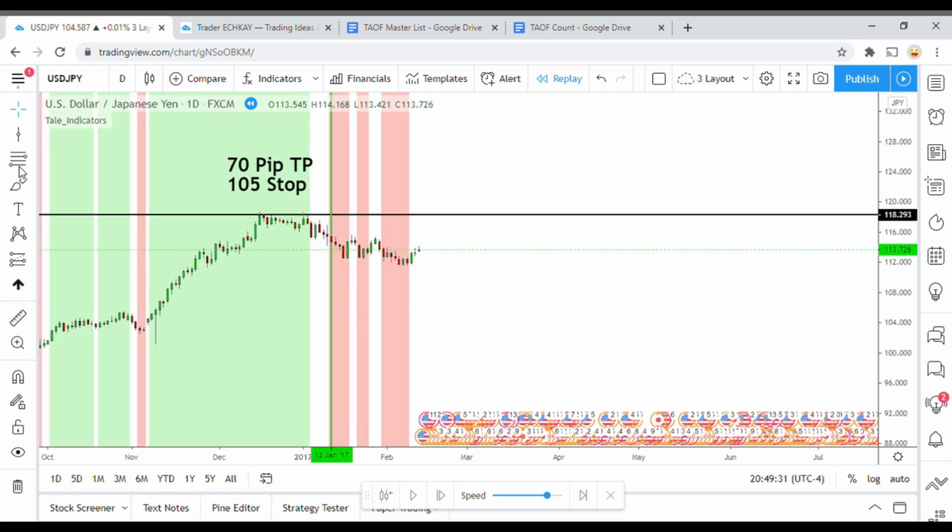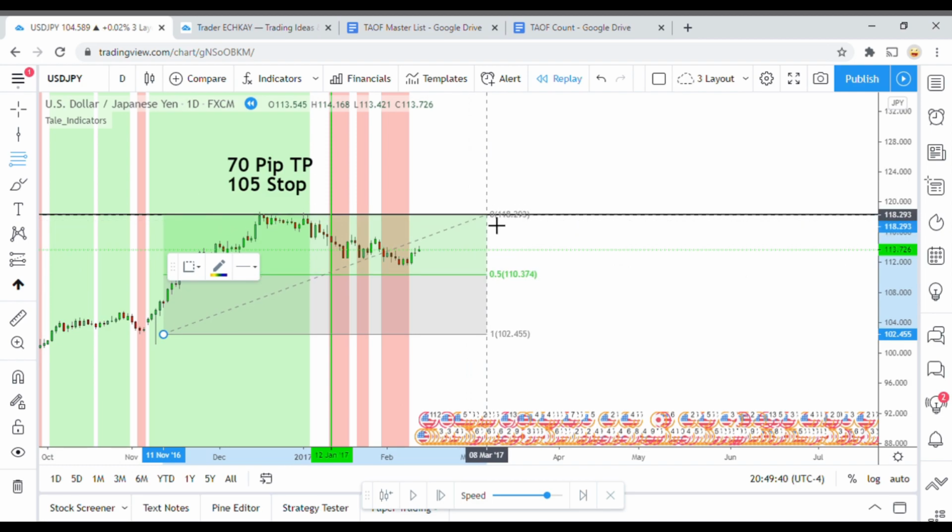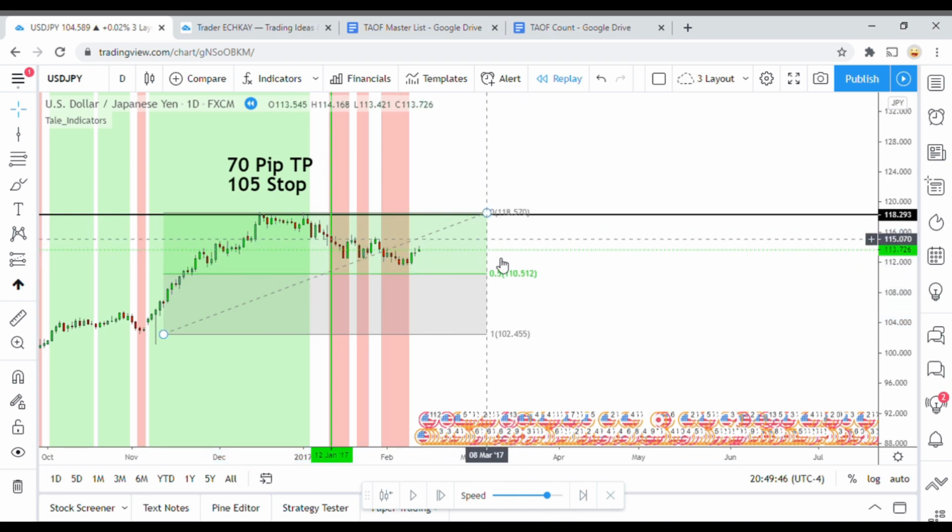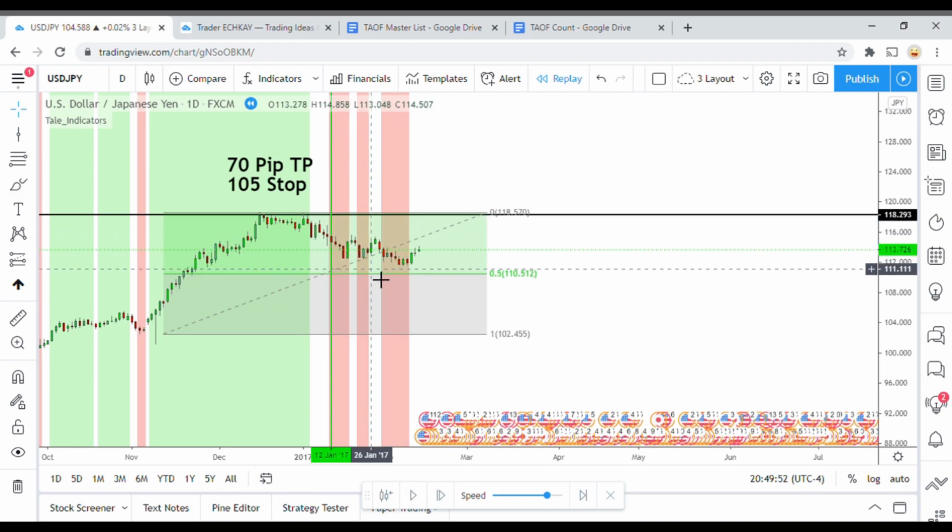And so often what I see is that anytime you have a significant move like this and then a correction, very often price will run back into the 50% Fibonacci level before it then starts to, sometimes it will start to correct itself back to the upside and they'll pull it back up to these highs.